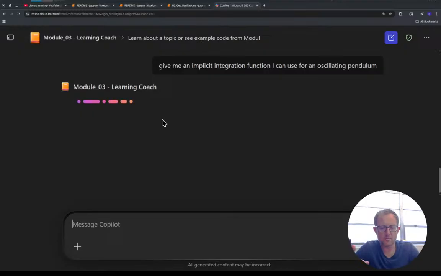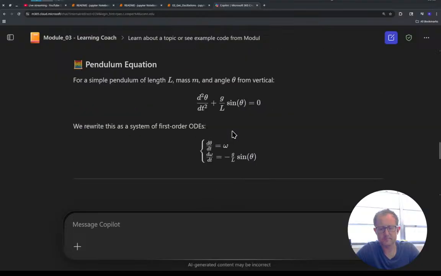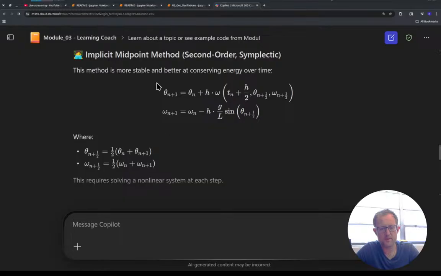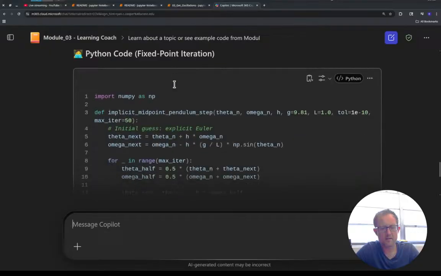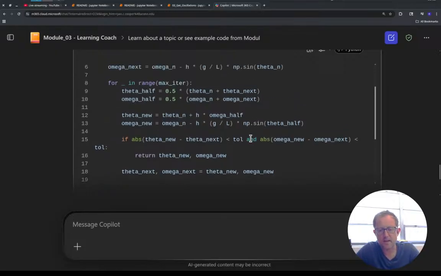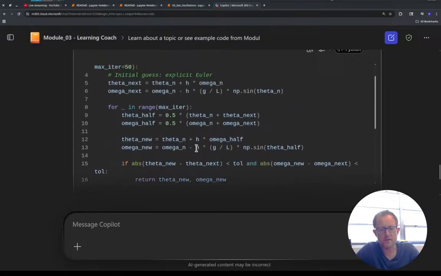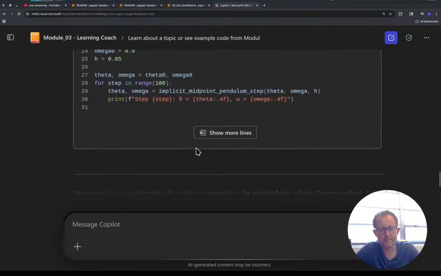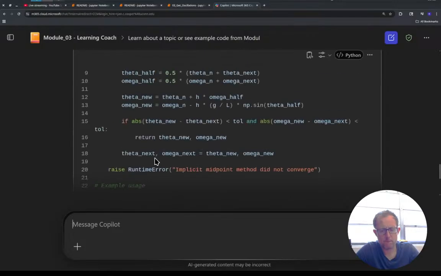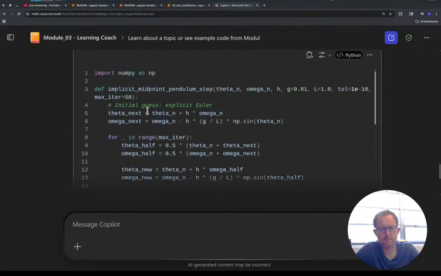Because sometimes what I see in some of the code is that, okay, so there's our differential equation popping up, implicit. Oh, this one's also using an if. It's checking the tolerance here. That's weird.